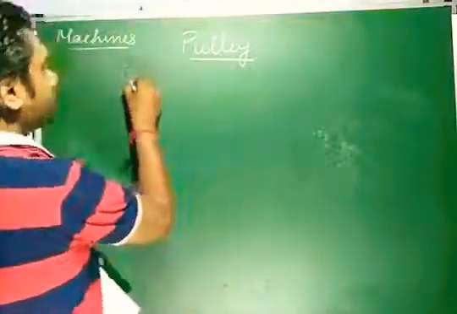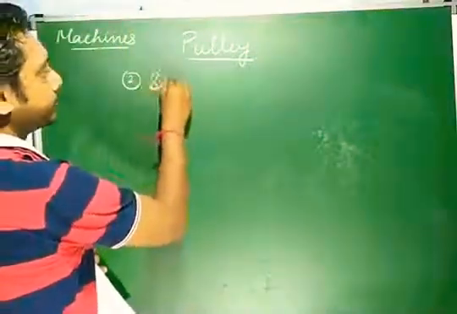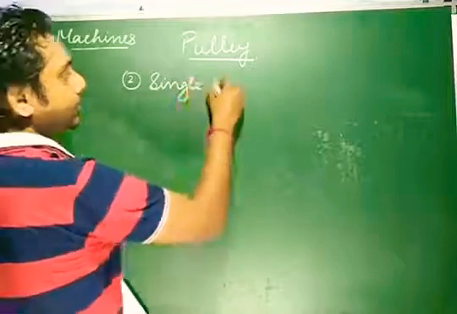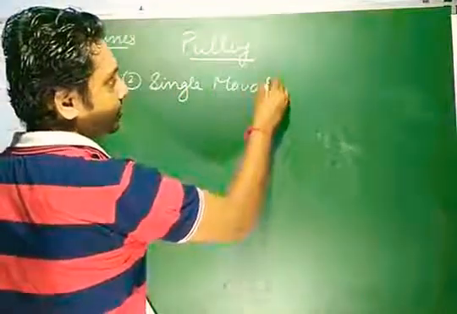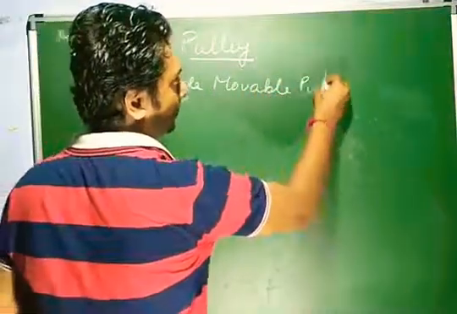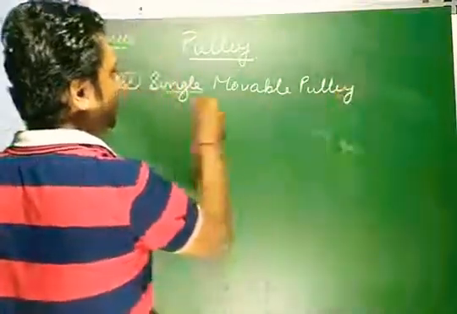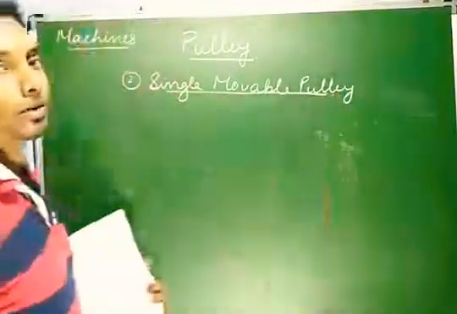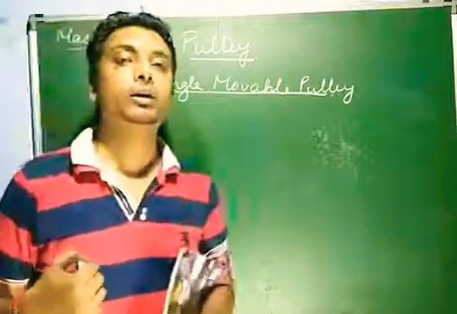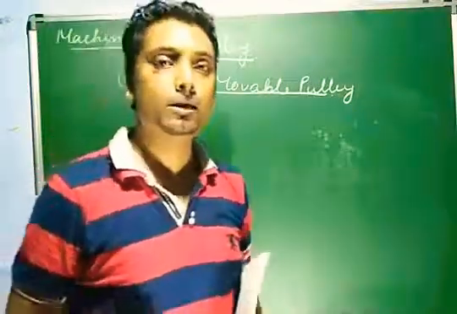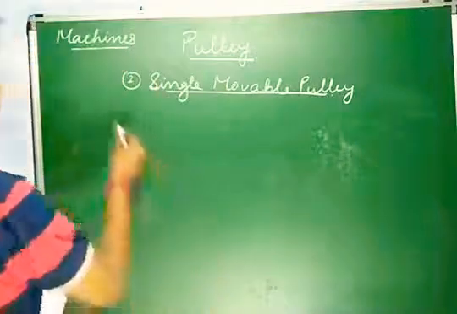The second one is single movable pulley. The first one we read about was the single fixed pulley. Now we are learning about the single movable pulley. Let us see what its diagram looks like.